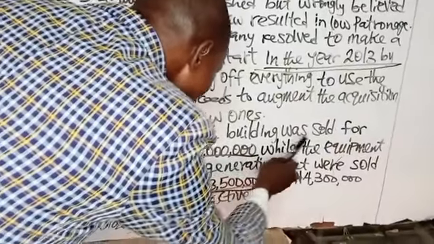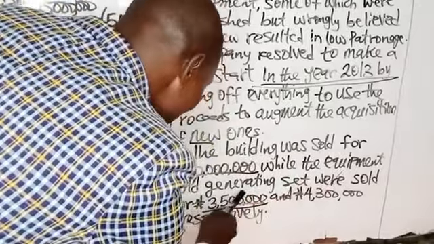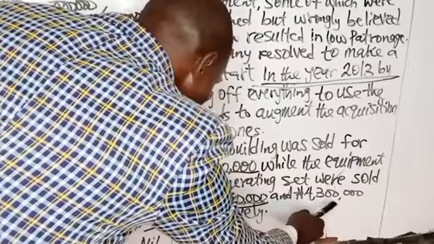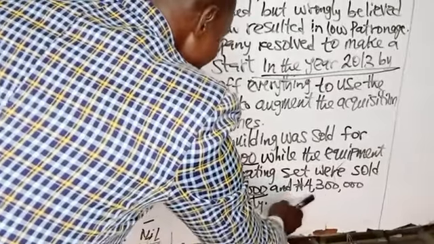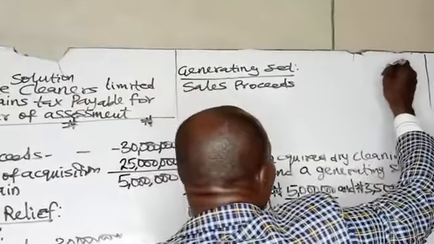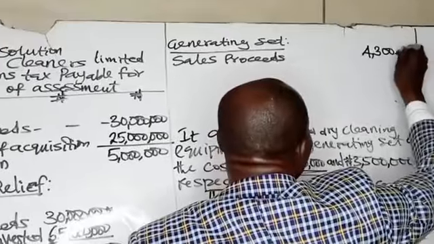The building was sold for 30 million, while the equipment and generating set were sold for 3.5 million and 4.3 million respectively. The proceeds from sales of generating set is 4.3 million.